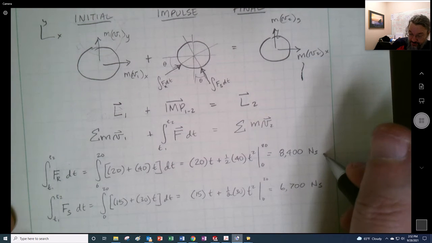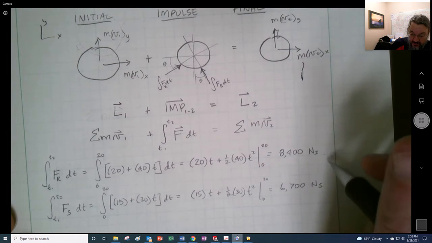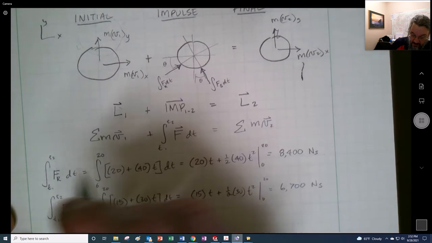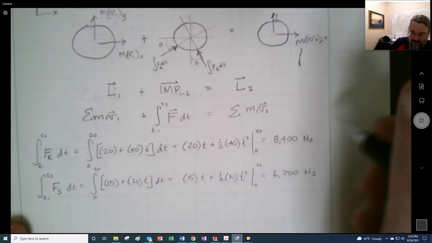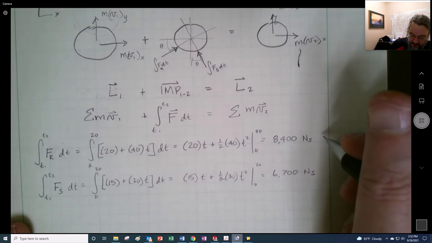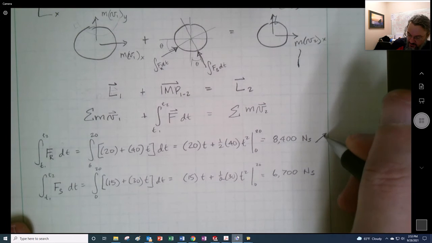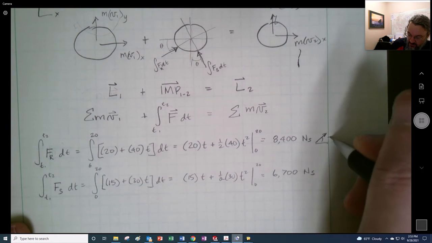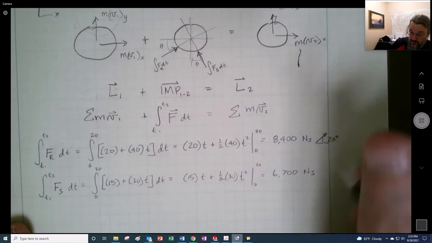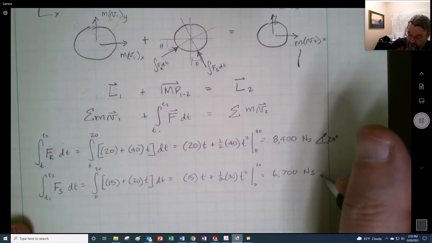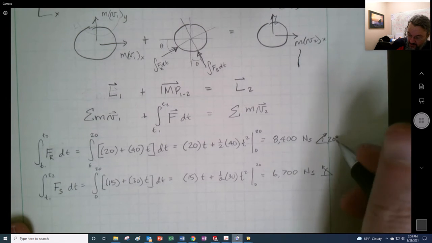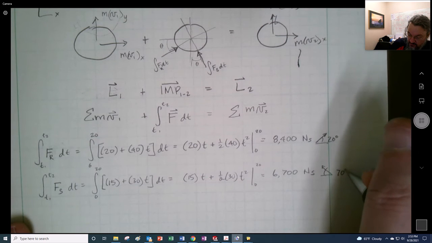And let's see if I could say this the right way. I decided not to make it the absolute value, so this should be a vector, and it should be coming off that way right there at 20 degrees. And this one right here, we should be going up here at 70 degrees, right?